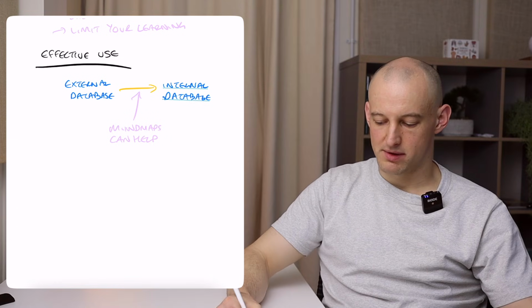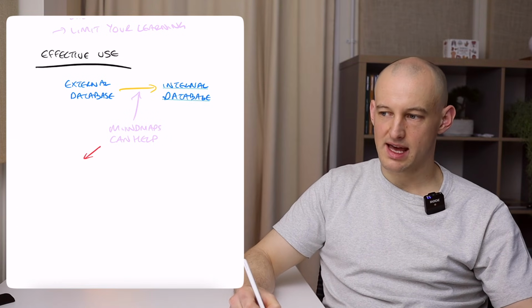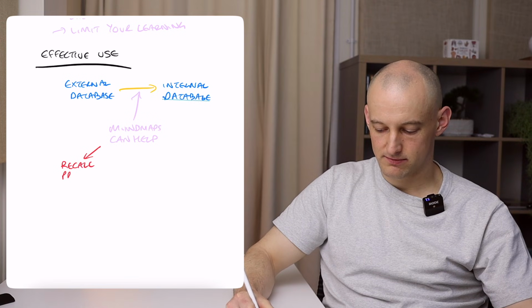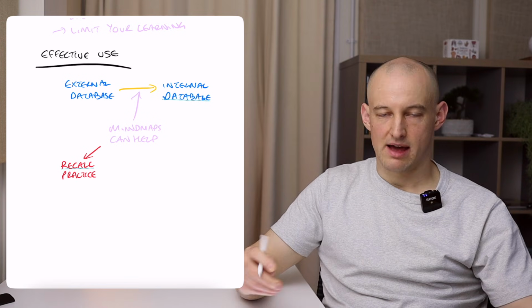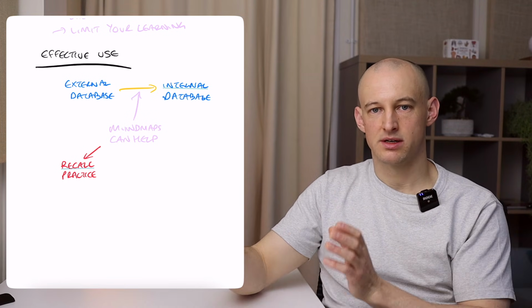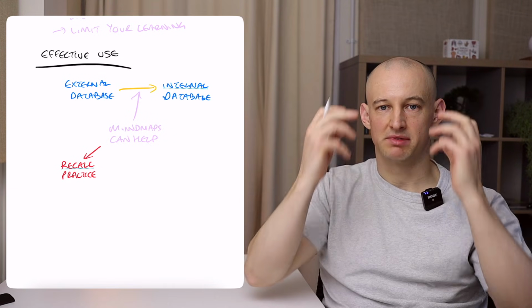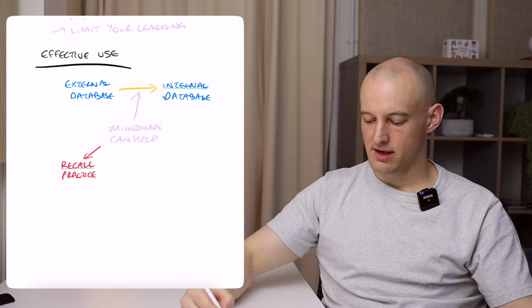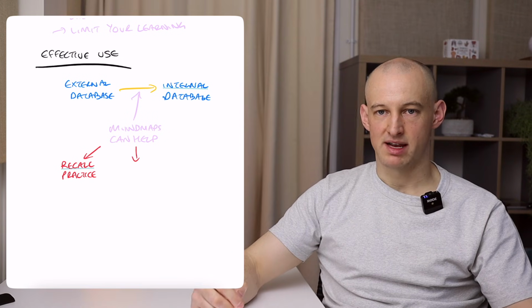So how do they help? Well, they can help you practice recall. And remember, when you want to write something to your long-term memory, the way to do that is to recall it, not to absorb it, but to recall it. And so they can help you practice that recall.